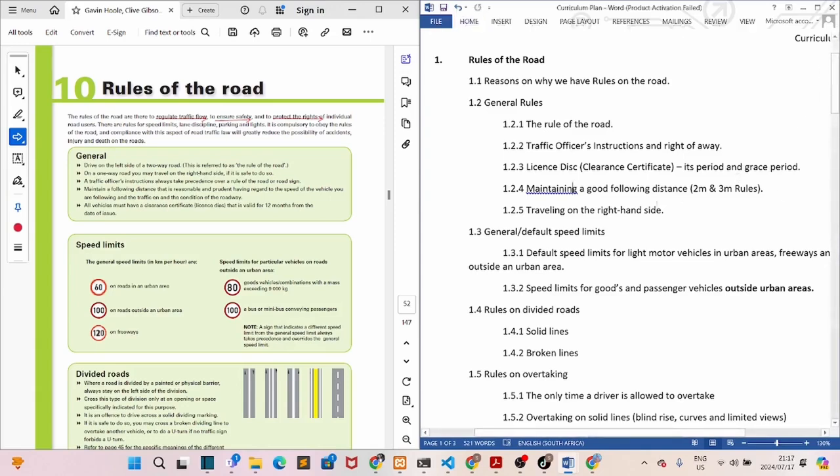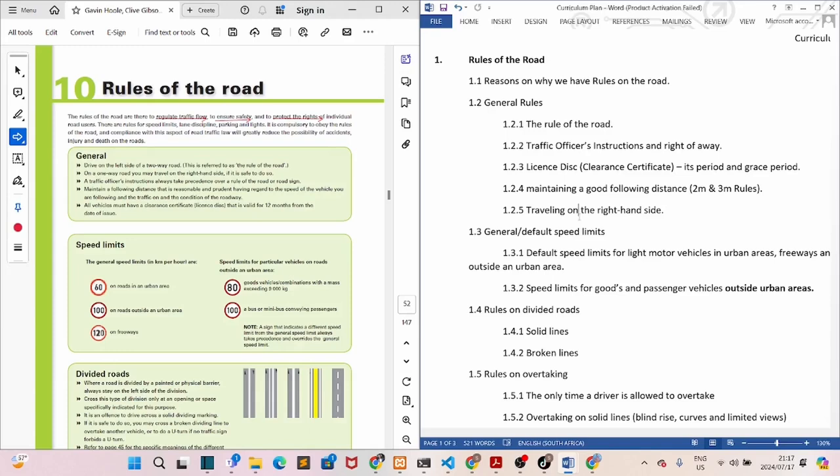But other than that, if you are driving in unfavorable conditions, meaning the road is wet, you're driving at a higher speed, and the vehicle that you are driving is heavy, in that case the safe following distance increases. To what?